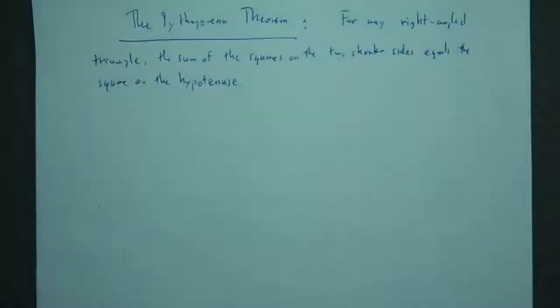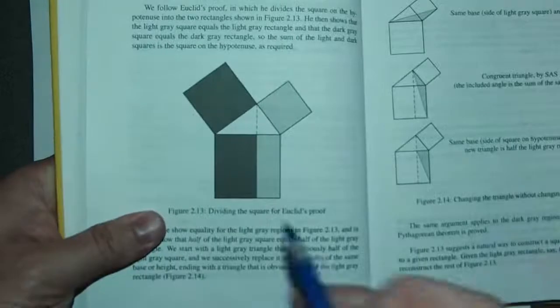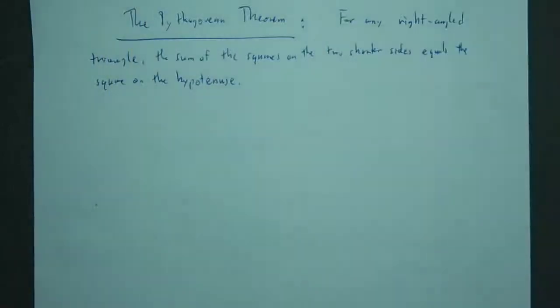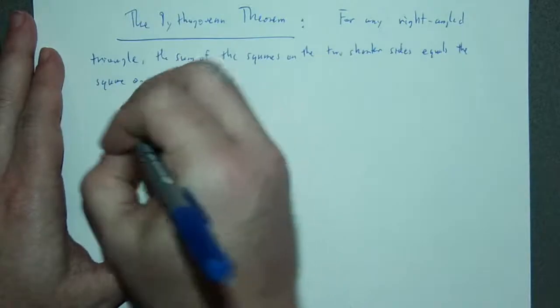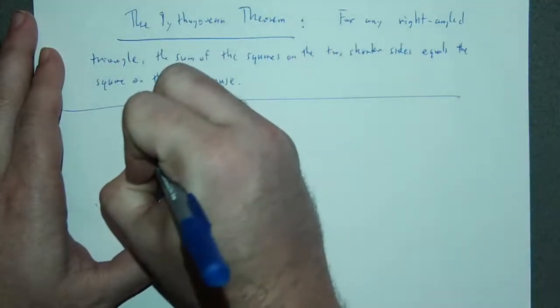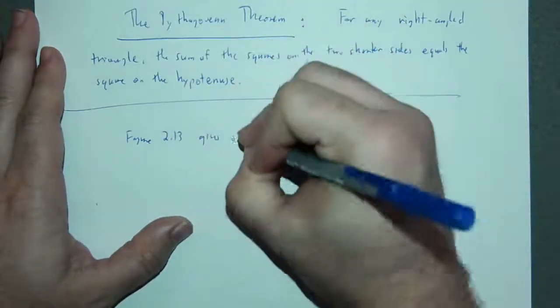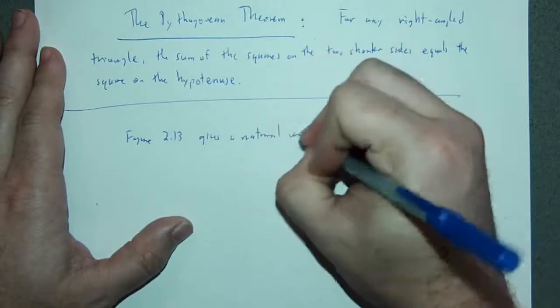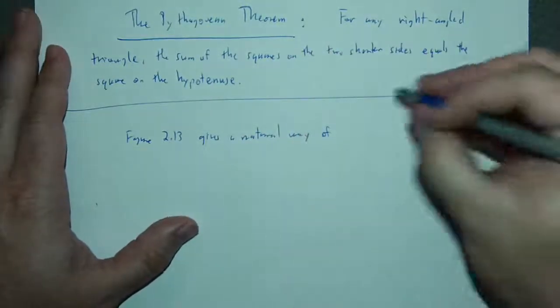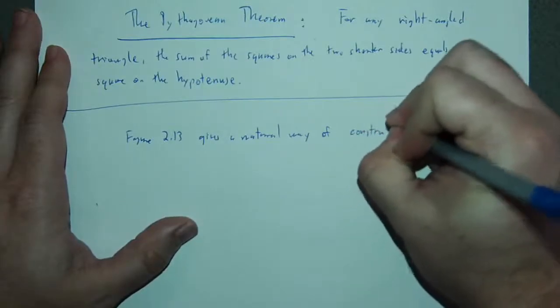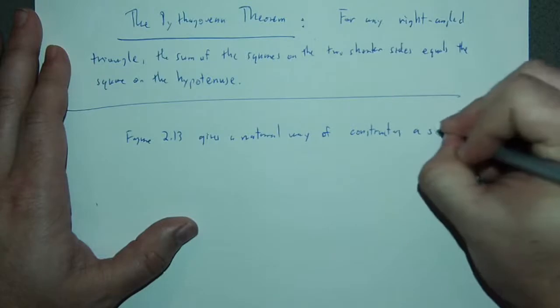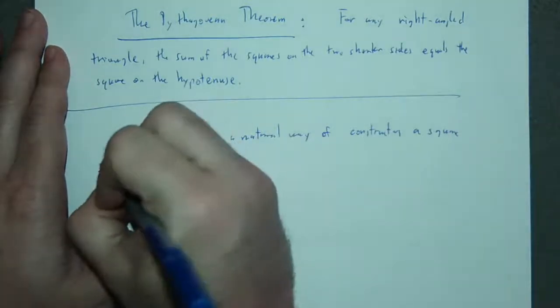Okay. Now, I want to bring your attention to something that I will mention in a later section. So this figure, I'll call figure star here. Or I'll just call it by its name in the textbook. So figure 2.13 gives a natural way of constructing a square equal in area to a given rectangle.